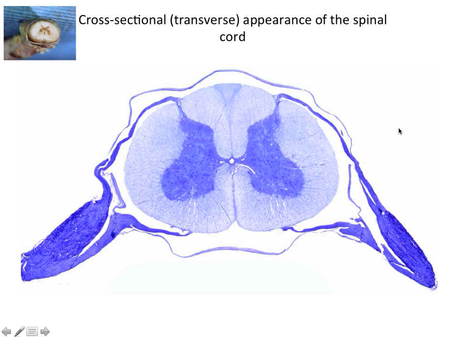We've just stained it so that it appears blue. And likewise, this area around the periphery is all white matter. So the first thing you can see in the center here is this beautiful butterfly-shaped grey matter. And we're going to talk about how we actually subdivide that grey matter.